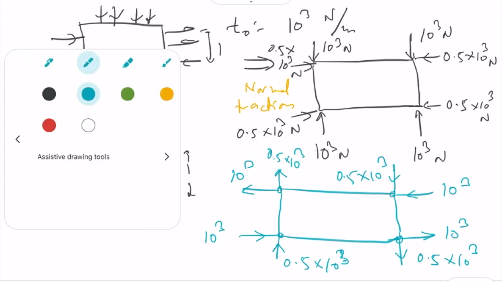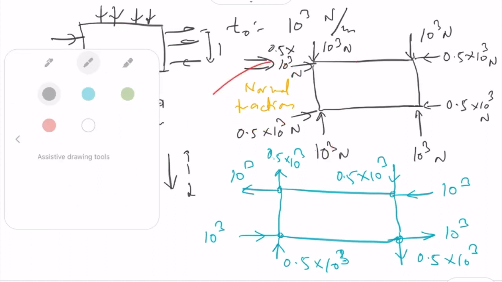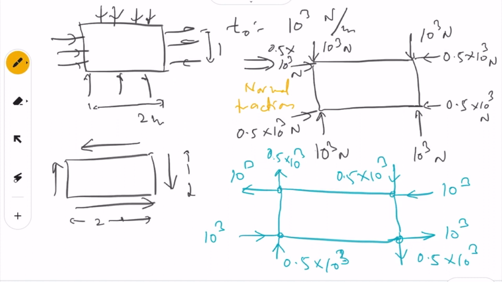Okay, so now what do we want? We want to add them together, right? This one is because of the normal traction, this one is because of the shear traction. So for the total force, we have to combine the picture and draw accordingly. So this is 1 2 3 4, 1 2 3 4. So let's draw it, and that way we will find out what the total force is.